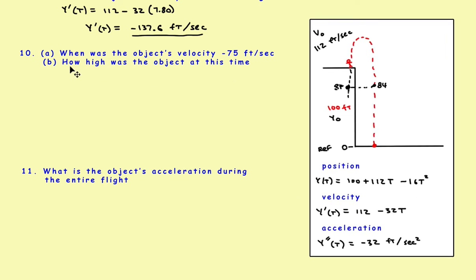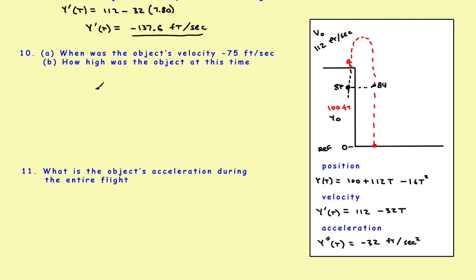Okay, the next thing is actually a 2-part question. When was the object's velocity minus 75 feet per second, and how high was it at that time? So the first part, again, involves velocity, so we use the velocity equation. So the question is, when is the object's velocity minus 75? Set the velocity equal to minus 75 and solve for t.